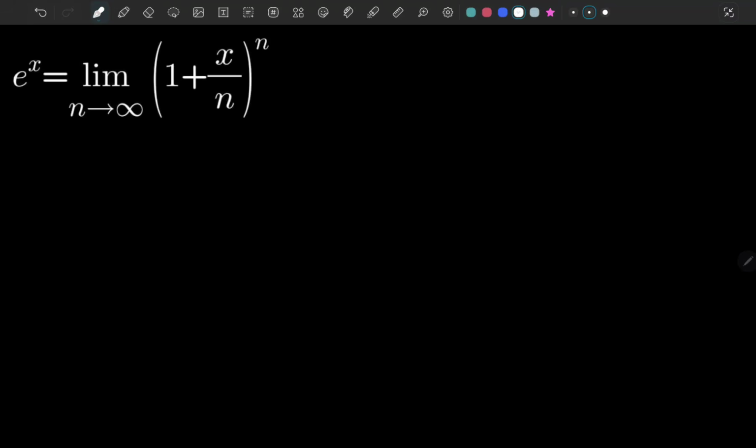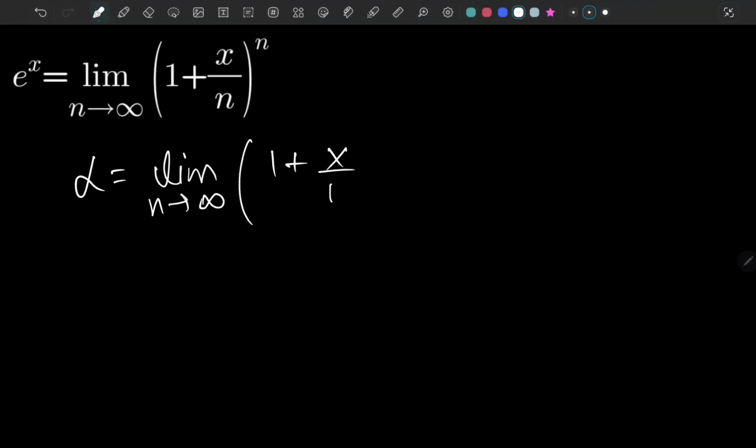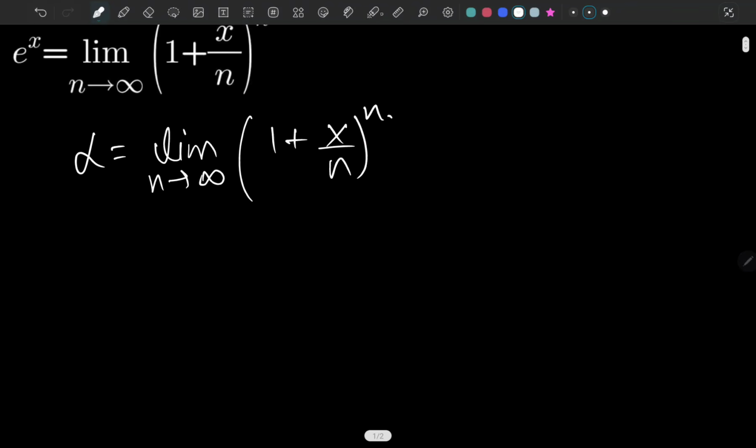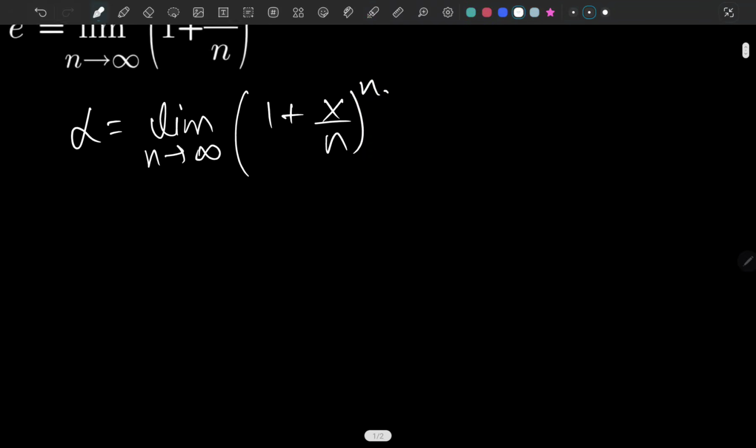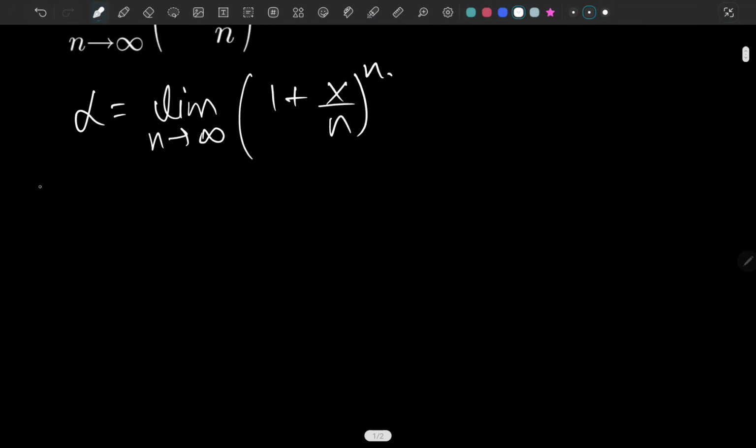Okay, so we were on letting this limit equal L, that is, the limit as n tends to infinity of (1 plus x over n) to the n. Now this n in the exponent is bothering us, so to get rid of that, we take the natural logarithm on both sides.